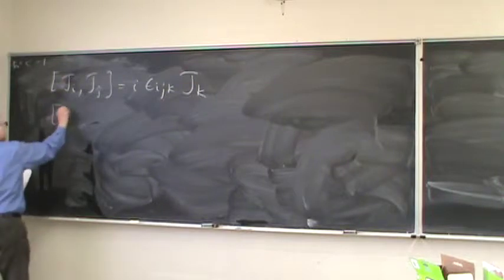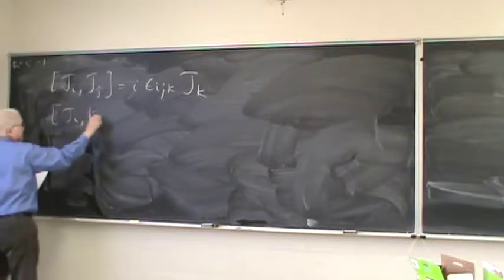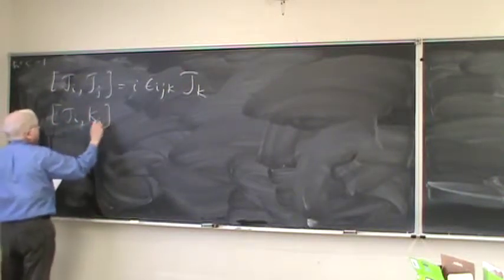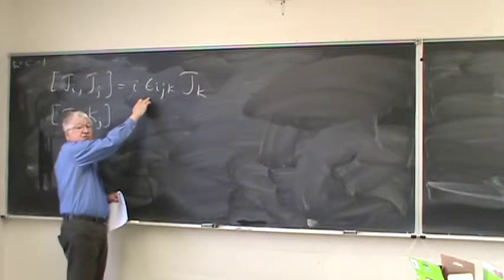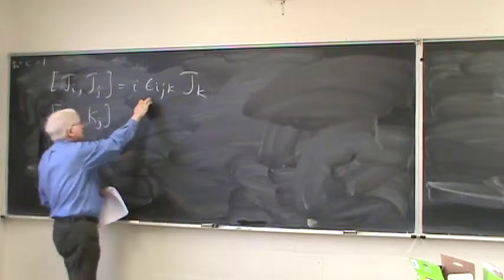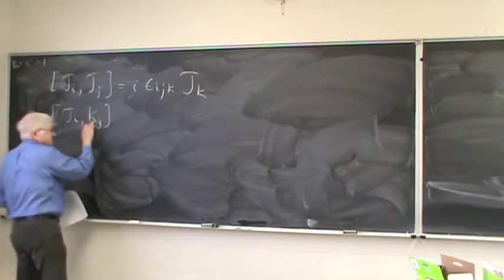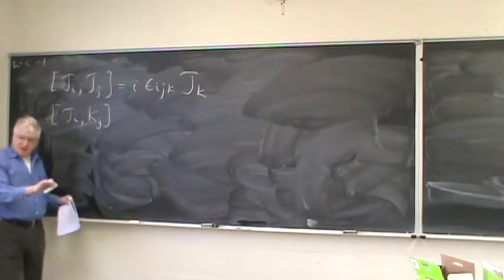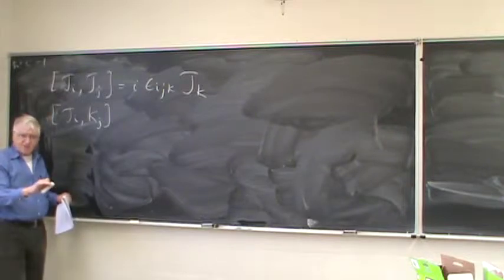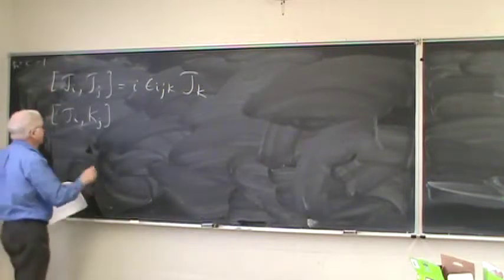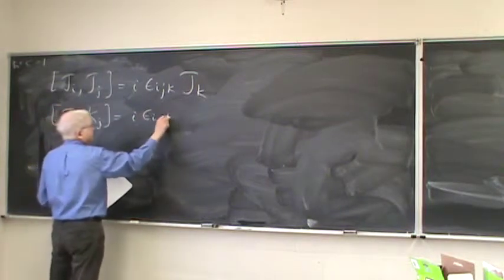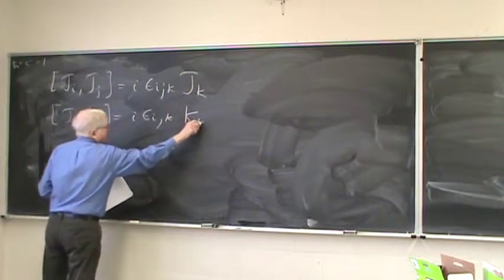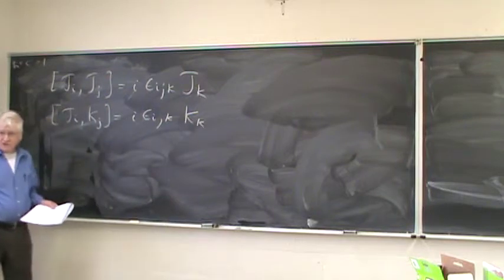The commutation relations for the rotations, this of course is the ordinary commutation relations of the rotation group SO(3). Now the boosts, of course, are boosts in the x, y, or z direction. So the boosts are vectors, and so under a rotation, they behave like any vector.